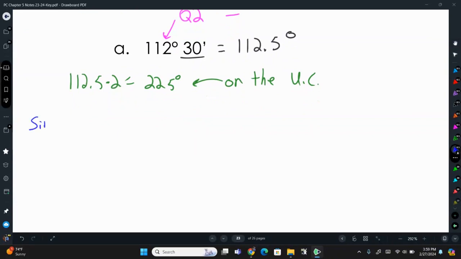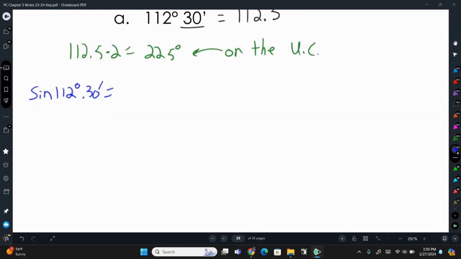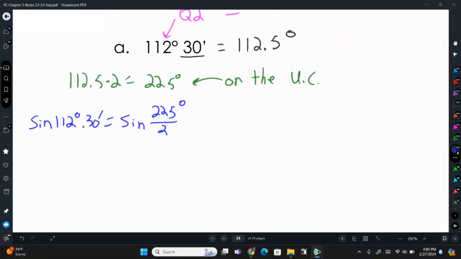So the sine of 112 degrees and 30 seconds is going to be equal to the sine of 225 over 2. Okay. So when we use our formulas and we see theta, we're going to use 225 degrees because half of that is 112.5, which is 112 degrees and 30 seconds.